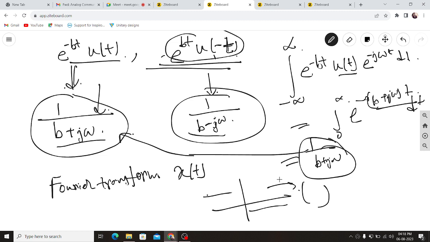Okay, sir. So basically, it comes from these two equations. I mean, how can you calculate the Fourier transform of a signum function? I did it by the differentiation property, sir. Tell me what property you want to use here.